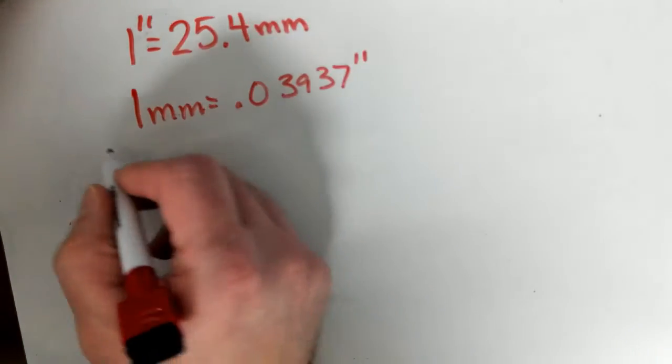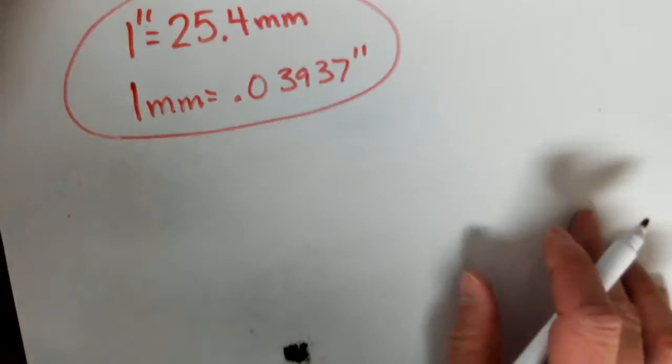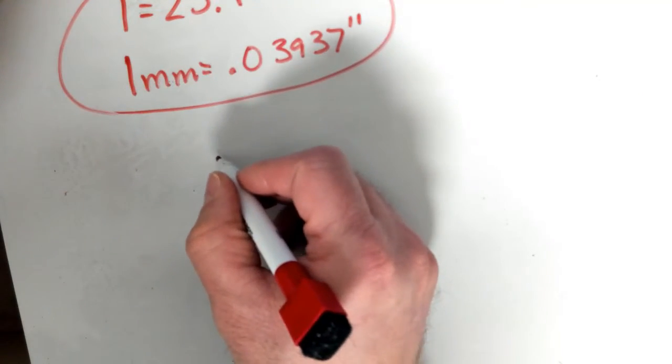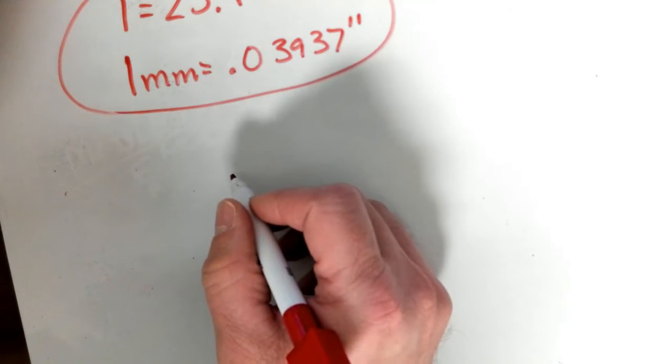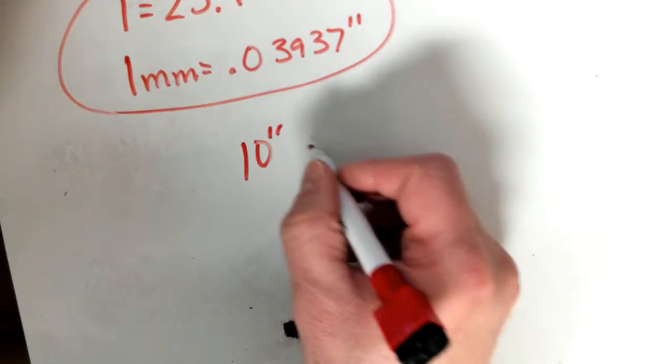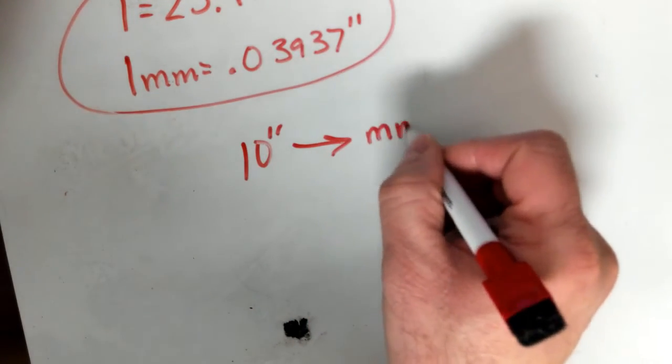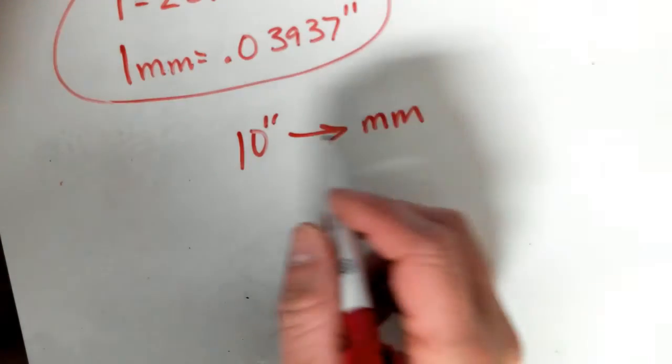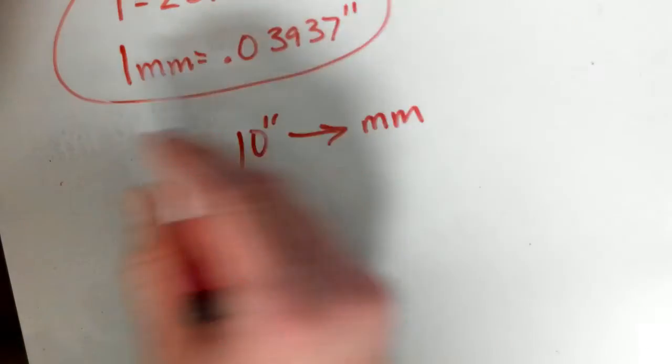So when you're thinking about these things, let's say, for instance, in this little design here, I have a part that I'm working on that's 10 inches, and I want to convert it to millimeters. This is all you have to do. You use one of these formulas here.